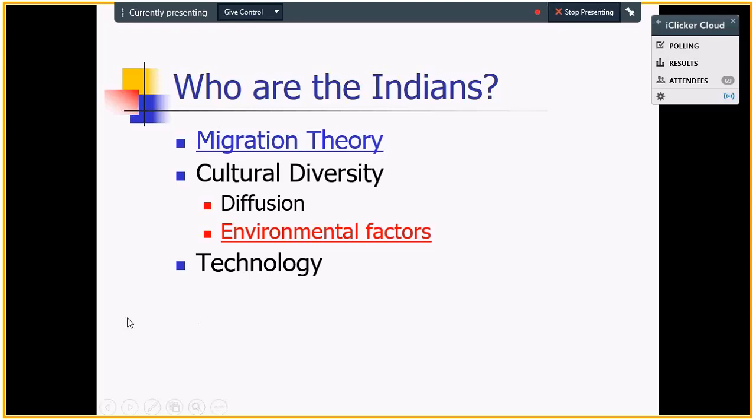For example, one of the sets of artifacts that we have are spear points, what we know as the Clovis or the Folsom technology. And these are named after the archaeological sites where they were found.